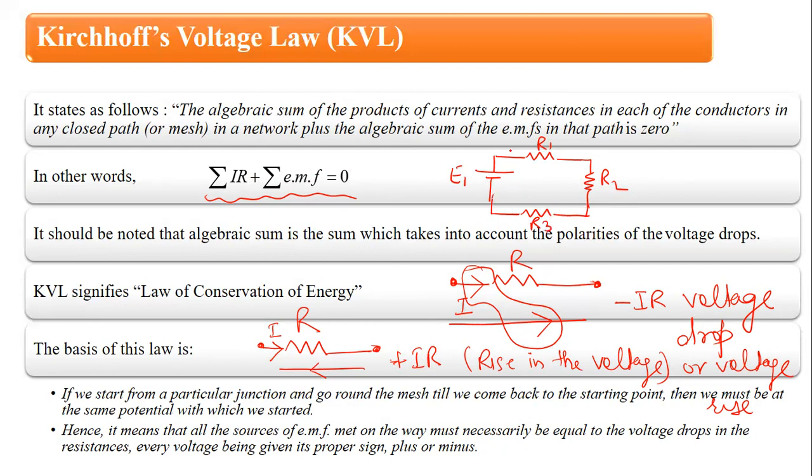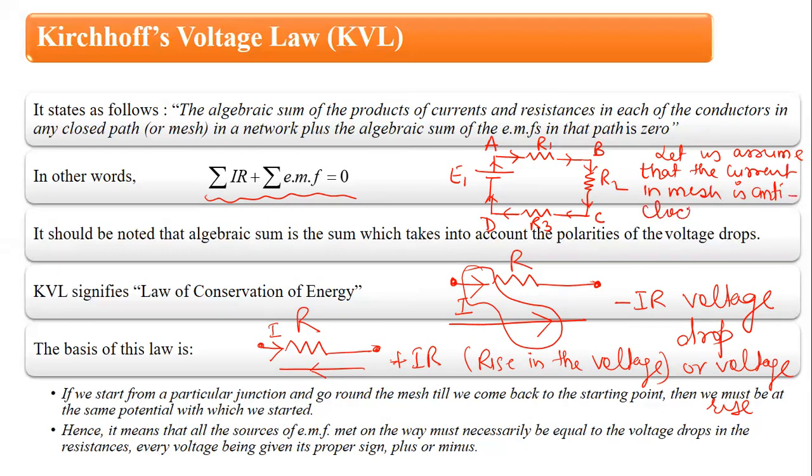If the current in the branch is flowing like this, and there are four nodes A, B, C, and D, let us assume that the current in the mesh is anti-clockwise.